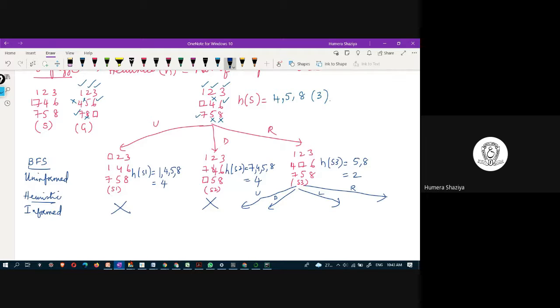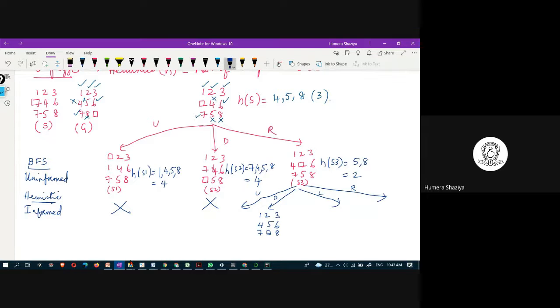I think this down one will take us to 1, 2, 3, 4, 5, 6, 7, empty, 8. Like this, we get configuration for up, left, and right.